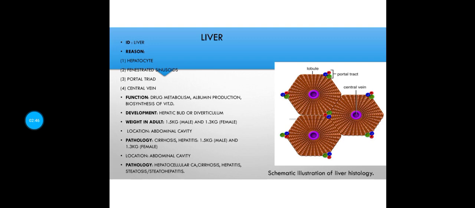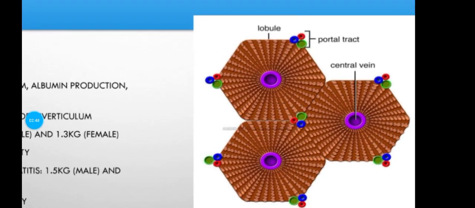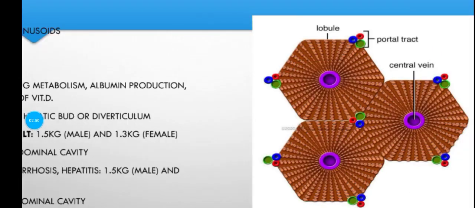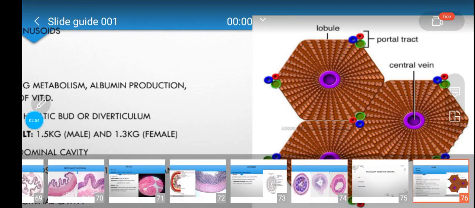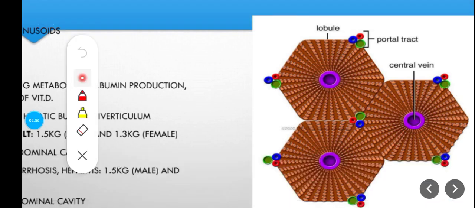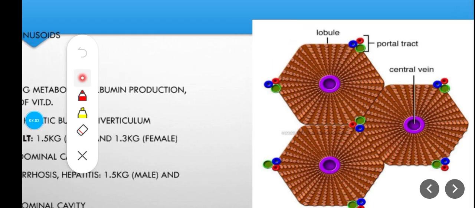Now let's zoom in into this image. Okay, so this image is already labeled. You can appreciate the central vein, which is this. And then you can also appreciate the hexagonal outline of the hepatic lobule, which is the structural unit of the liver.